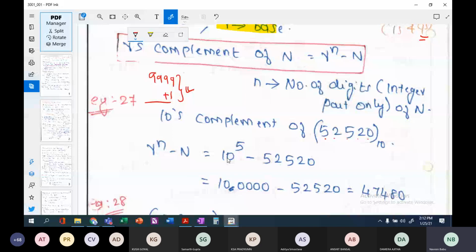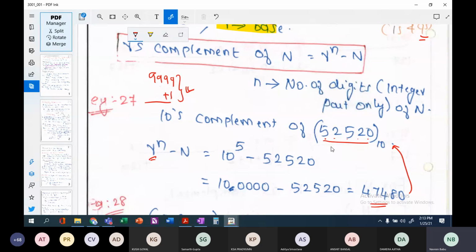R here is the base 10. So 10 power 5 minus 52520 is what you will get. That is 1 followed by 5 zeros minus 52520. So this is your tens complement of this particular number.